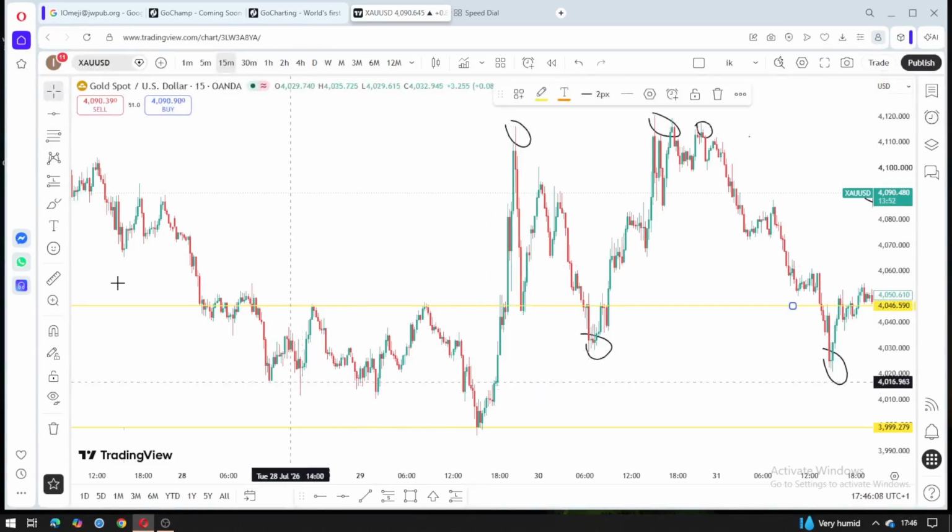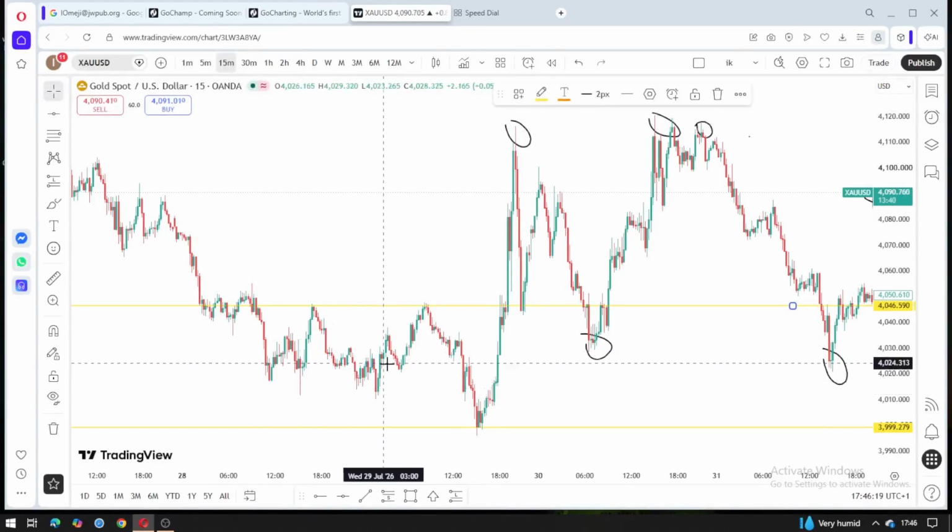We can take these 2 points because they are reversals. Remember, the market came down here, then reversed upward, came back again to the starting point and reversed upward again. So these are full reversals.